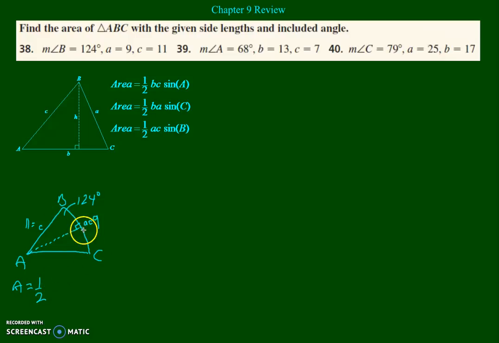This is going to be the base that we're going to use. 9 times C, this side, times the sine of B. Sine of B is going to be this third piece here. So we would have 1/2 times 9 times 11 times sine of 124.